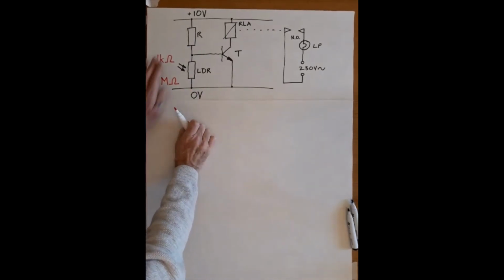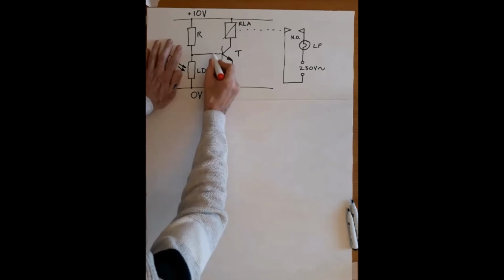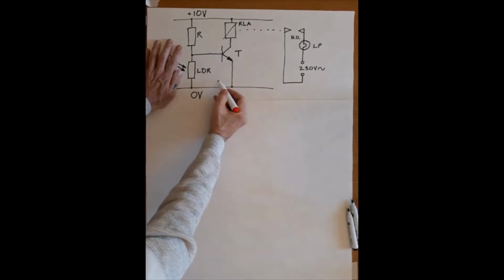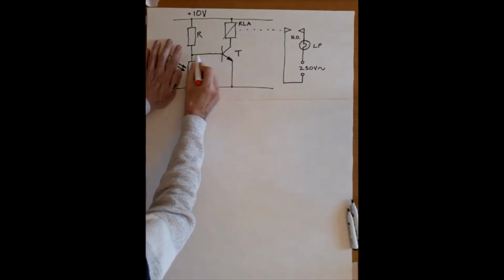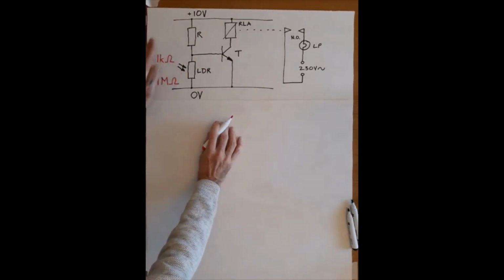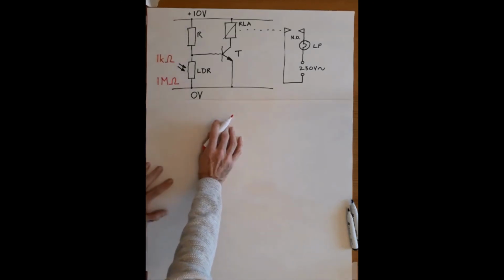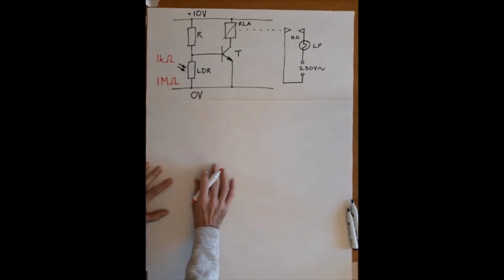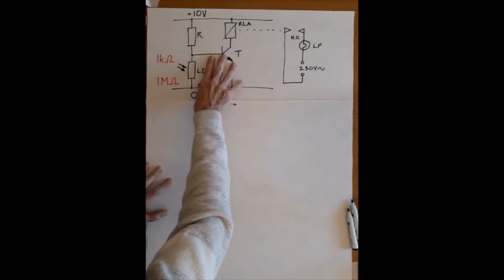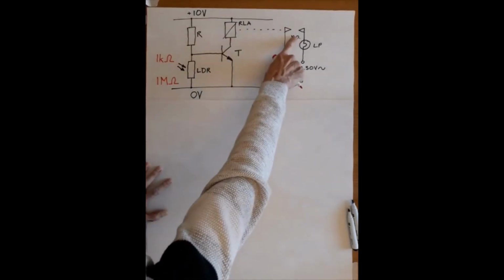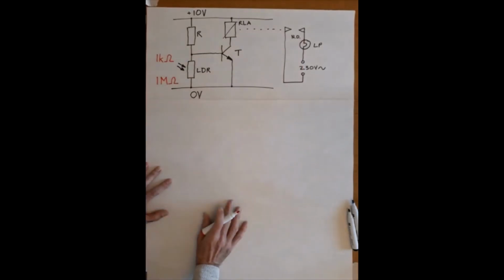So what we're trying to achieve here is to produce a voltage here that reaches 0.6 volts, and that will forward bias the base and emitter and allow this to turn on. So this is just a fixed resistor, and this is a variable resistor which is dependent on the amount of light falling on it. Once we get the key voltage here, this turns on, the relay engages, the contacts close, and the lamp illuminates. So that's the aim that we're trying to achieve. Let's take that one step further.